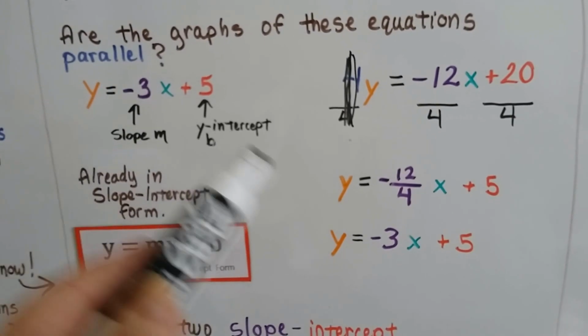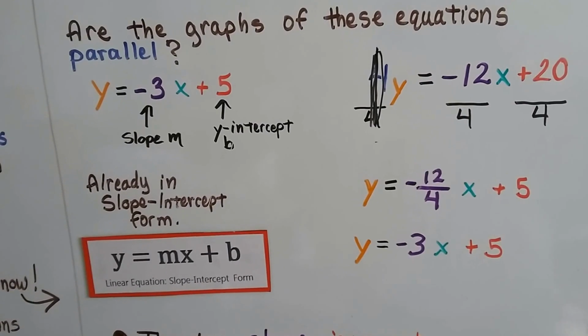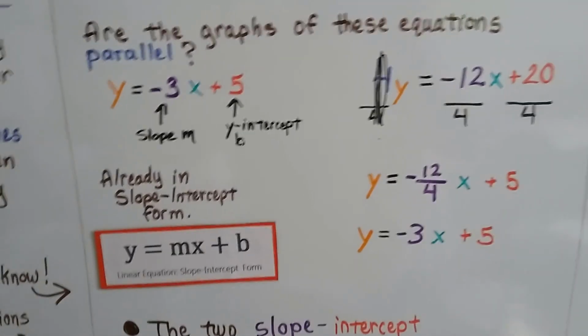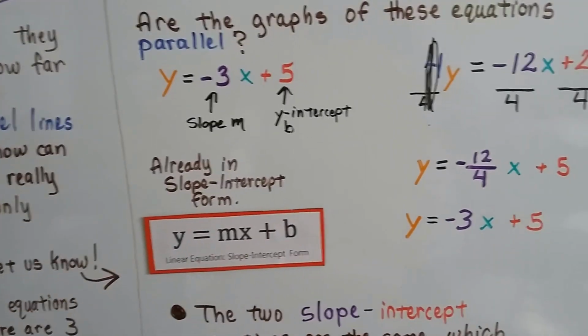If you look at these two, they not only have the same slope, but they have the same y-intercept. Well, if you have the same slope and the same y-intercept, you're going to have exactly the same line. It's going to be one line on top of the other line.